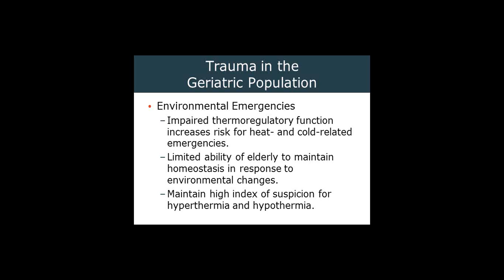Maintain a high index of suspicion. Sometimes even in nursing homes we have patients who become hypothermic. Somebody was telling me about a case of a dementia patient where each room in the nursing home had its own individual heating and cooling unit, so that patients could adjust it to be comfortable.